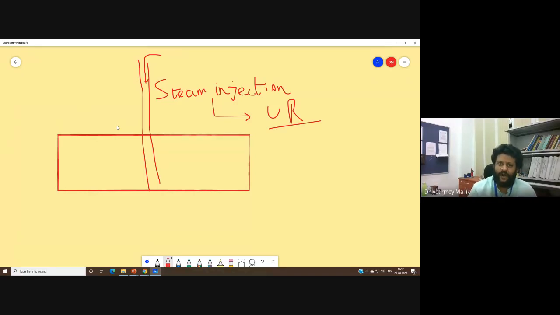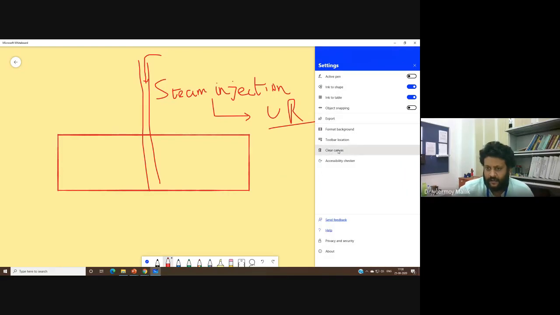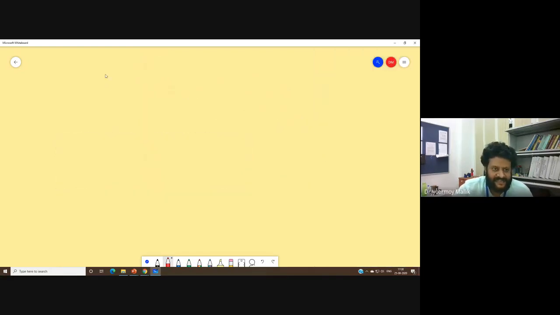Okay, but these are all secondary treatments, like water injection, like steam injection. These are all the secondary treatment that you are providing to the reservoir so that you can increase your ultimate recovery. How else you can increase ultimate recovery is called gas injection.